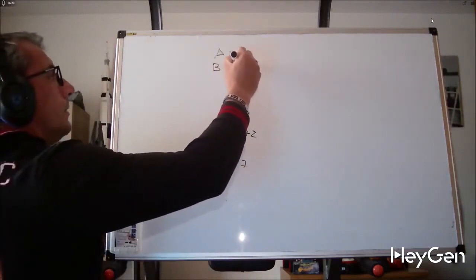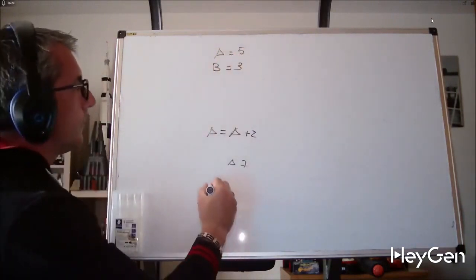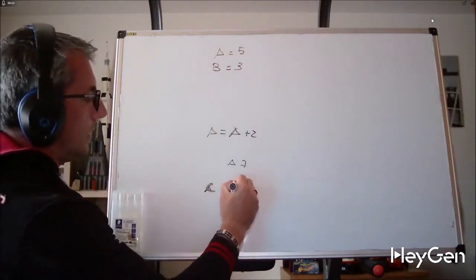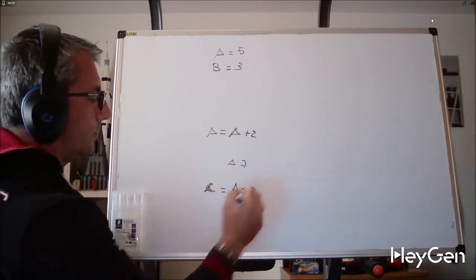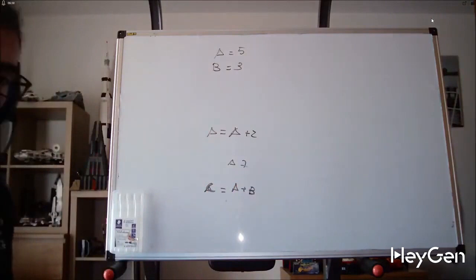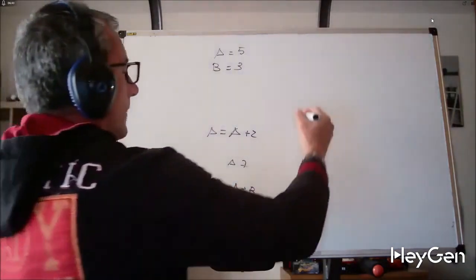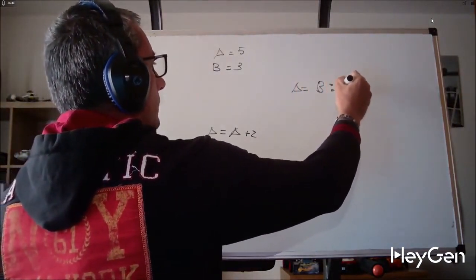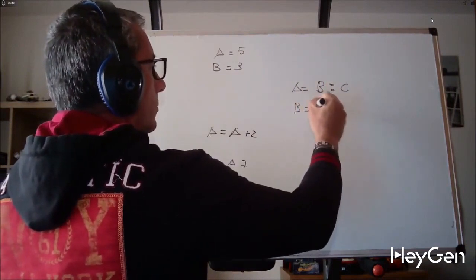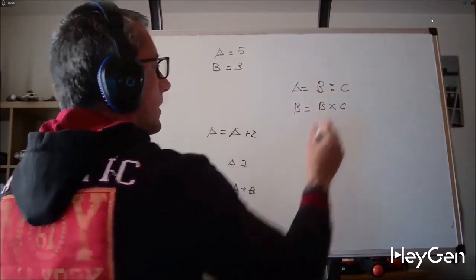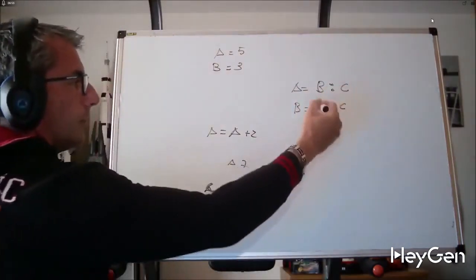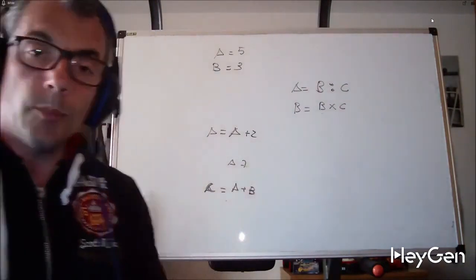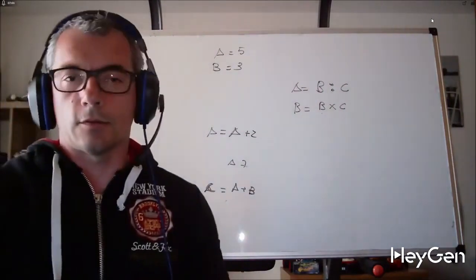I can have two variables, a and b, both equal to 3, and midway through the program I can say c equals a plus b. I can have variables such as a equals b divided by c, or b equals b times c, which means that b gets multiplied by c, and in the next line it will be read as a different value.